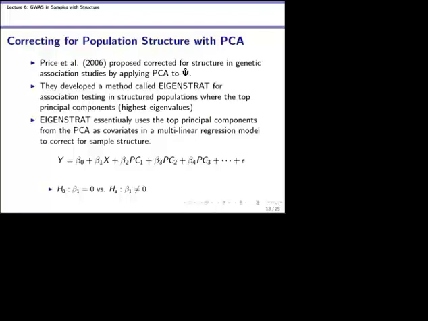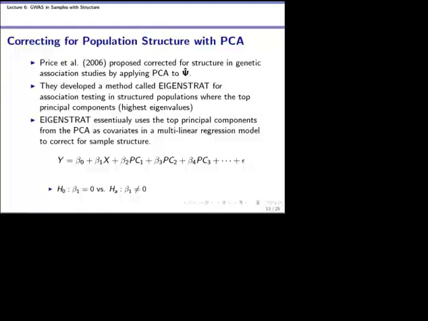The EIGENSTRAT method is actually quite simple. It's similar to linear regression, except that now we include principal components as covariates in the model. Why are we including PCs? To correct for population structure, right? So we're adjusting for any differences in the phenotype that can be explained by ancestry.